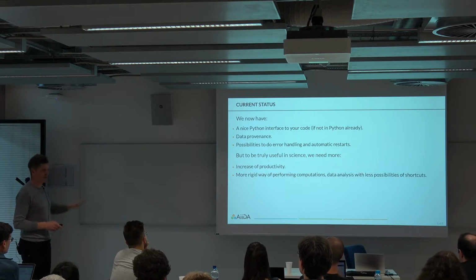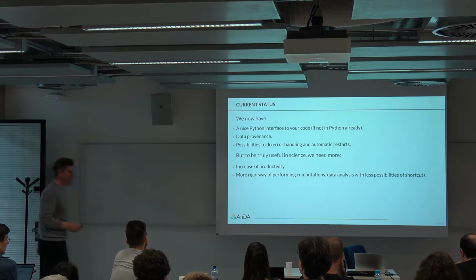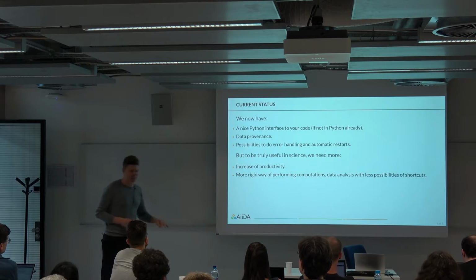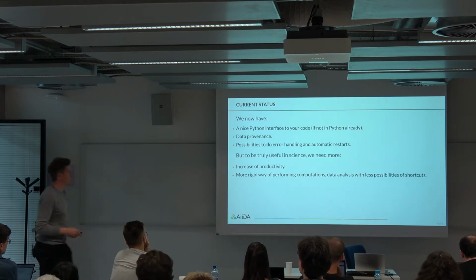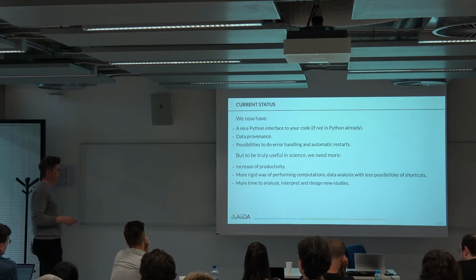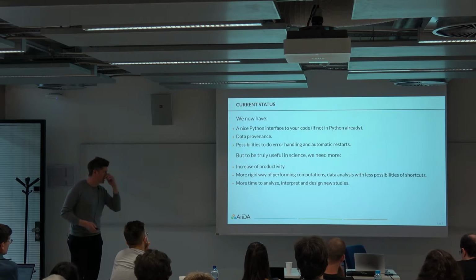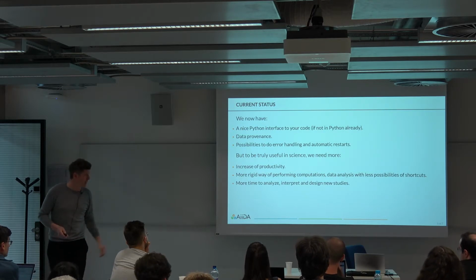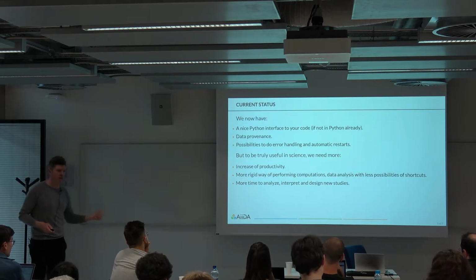So if we can structure this in a way that shortcuts are only possible if you really want to take them, I'm sure we will have better results and better productivity. We want more time to analyze our results, interpret them, and of course design new studies.